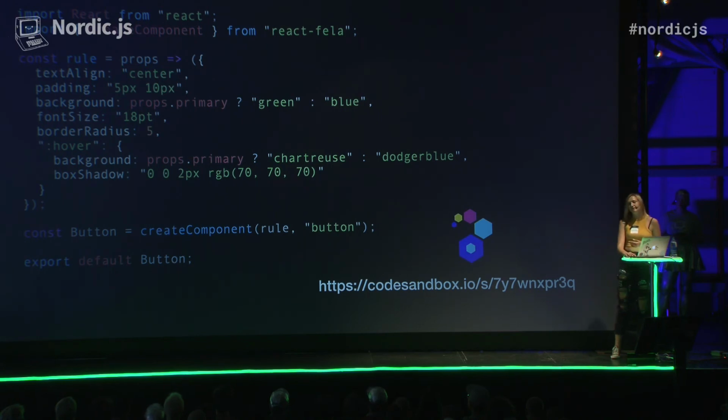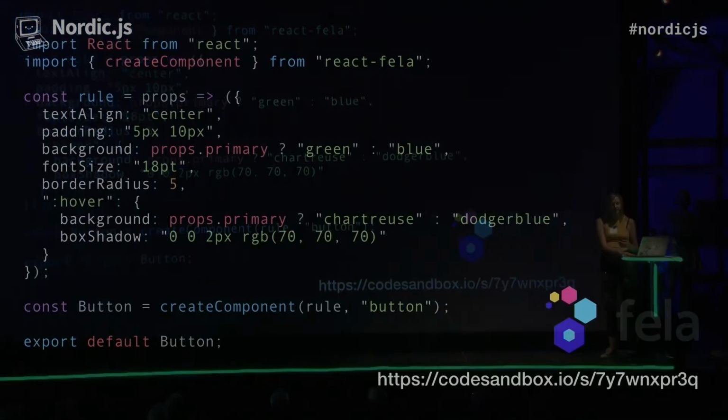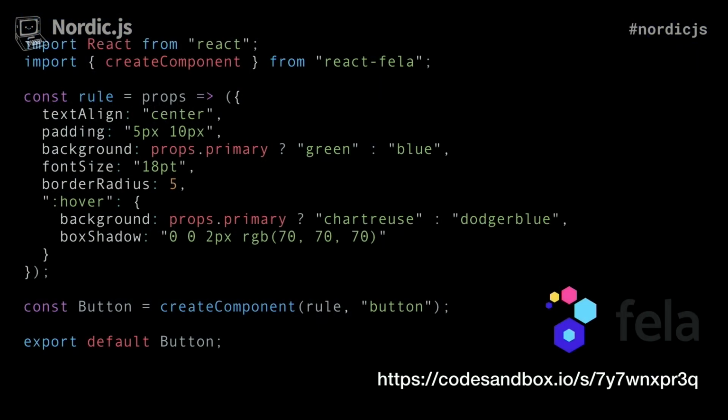OK, so let's take a sneak peek at the code, how it looks for Fela as the first one. Fela is a library, as you remember, which generates atomic CSS for us. But you don't really see this at the very beginning. It's just how the code is generated after all.